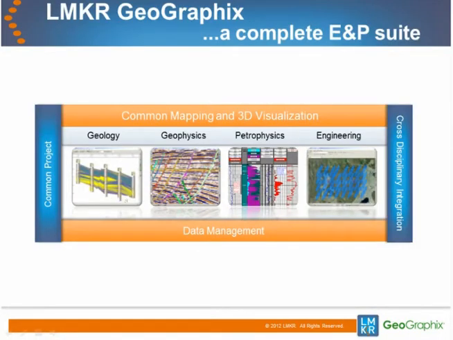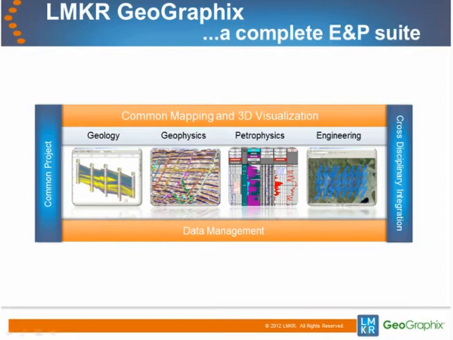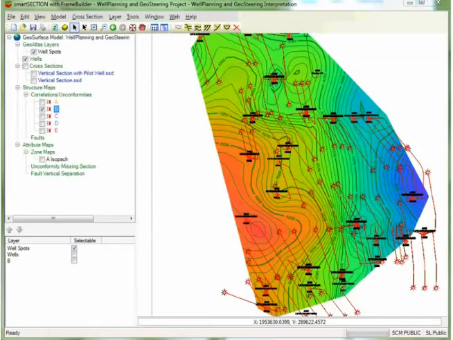GeoGraphix features industry-leading technology on a central project database, mapping, and 3D visualization system for the successful development of today's resource plays. GeoGraphix offers an uninterrupted environment that streamlines critical geology, geophysics, petrophysics, and engineering workflows, which maximizes production and return on investment in both conventional and unconventional resource plays.